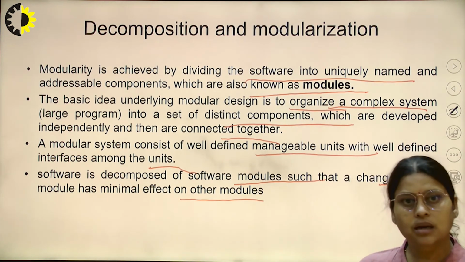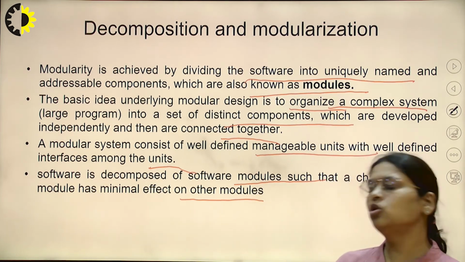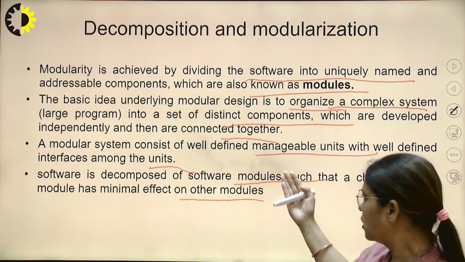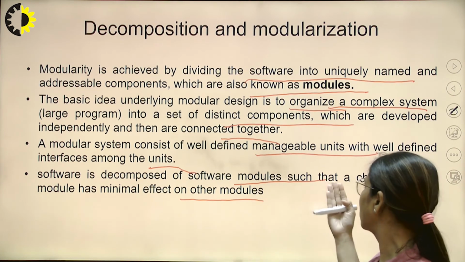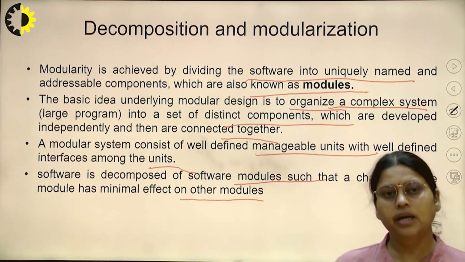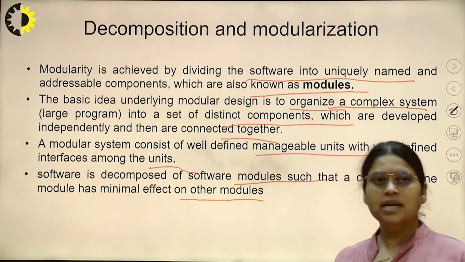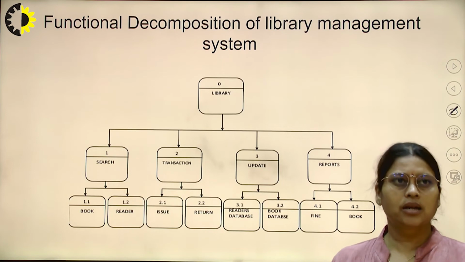So this factor is also considered at the time of designing, that we have to create an interface in such a way that one module has a minimal effect on another module.